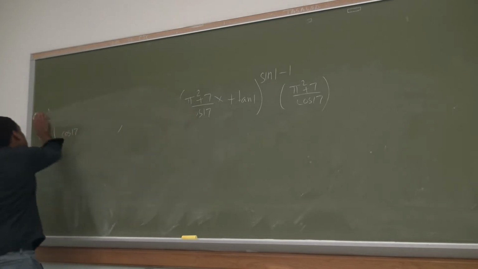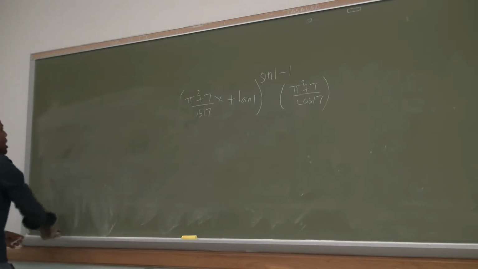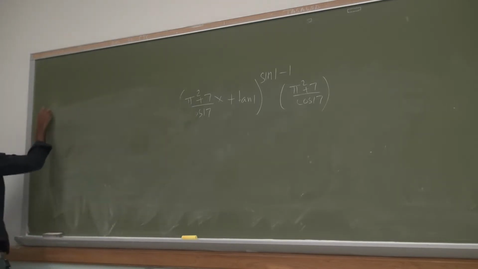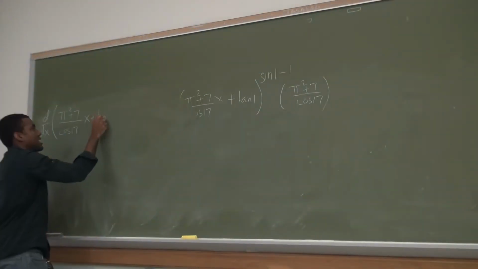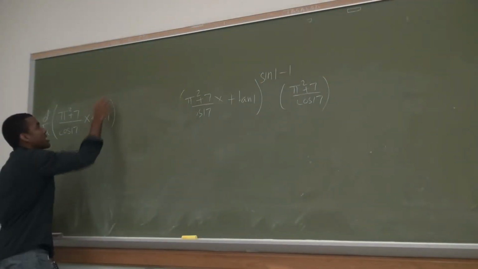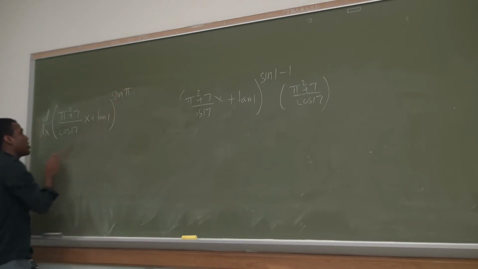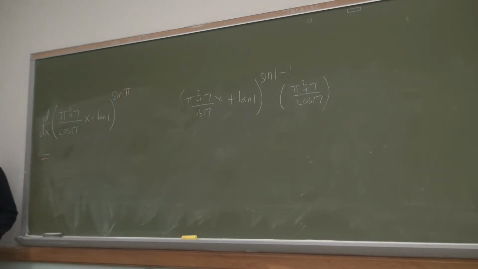Okay. More scary. All right, so how about, tell me the derivative of this in 1 second. Same form, sort of. What's the derivative? Sine pi minus 1 times pi squared.